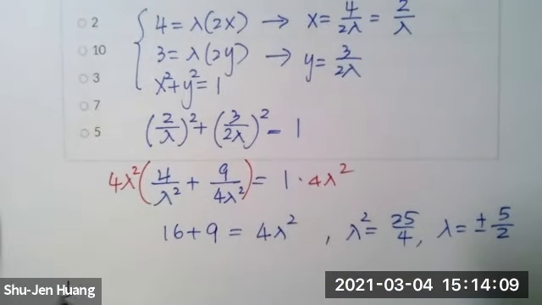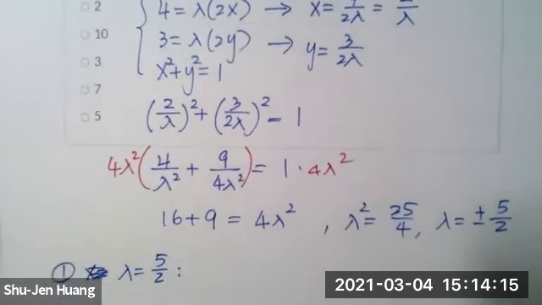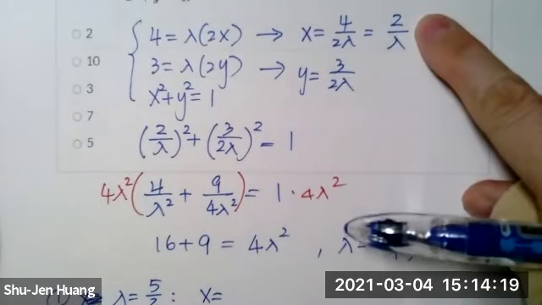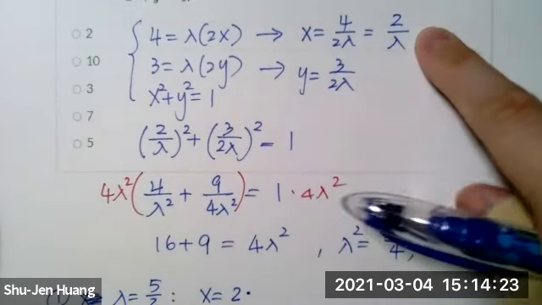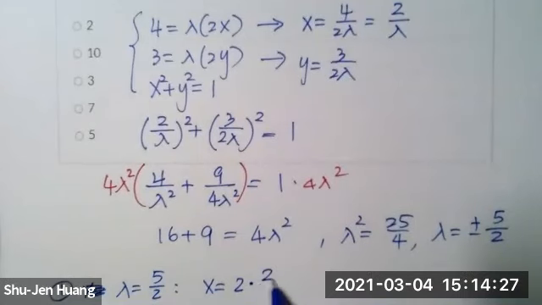So the first case, when lambda equal to 5 half, then x equal to 2 over lambda. So we'll take 2 times the reciprocal of lambda. That will be 2/5. So we're going to get 4/5 here for x.